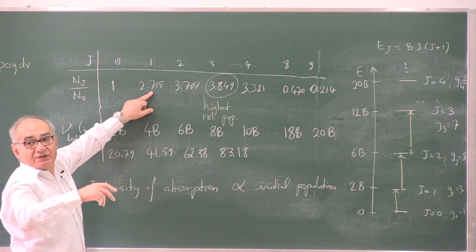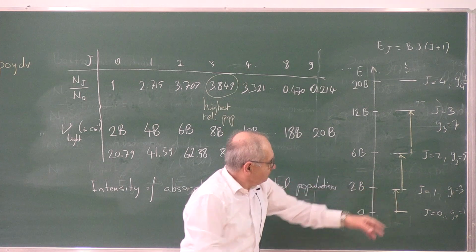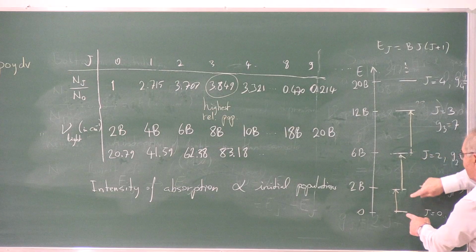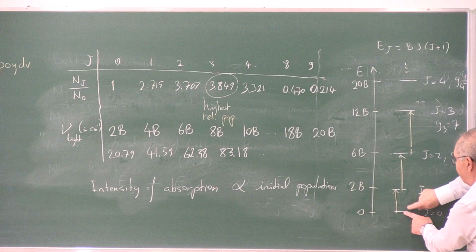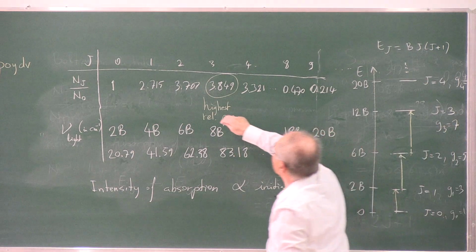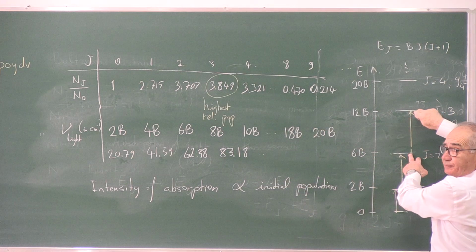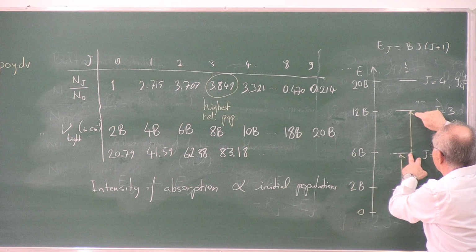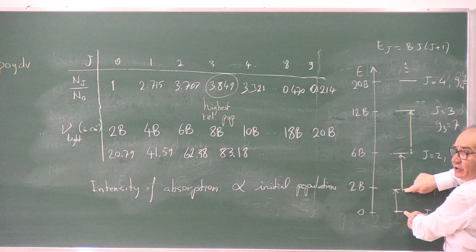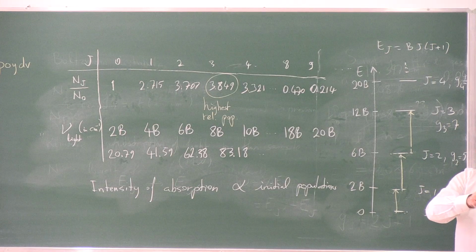This is 2.7 times more intense than this transition. The intensity of that from here to here is 2.7 times more intense than from J equals 0 to J equals 1 level. Similarly, this transition from J equals 2 to J equals 3 level, the intensity of this transition is how many? 3.7 times more than this transition. We are comparing always with the same transition. All right?